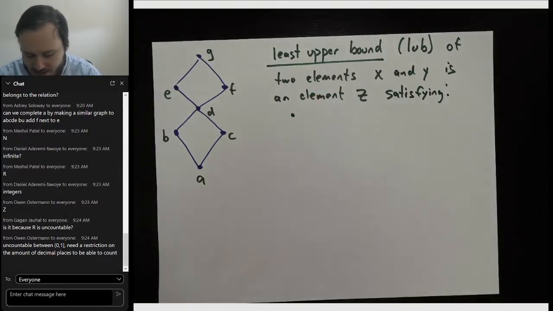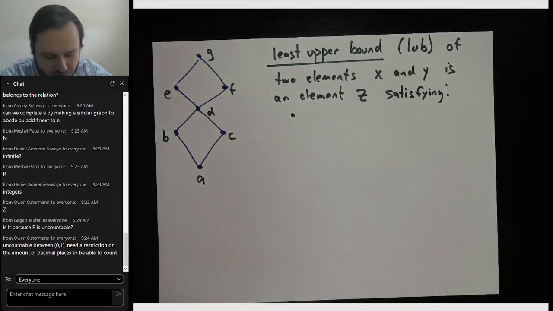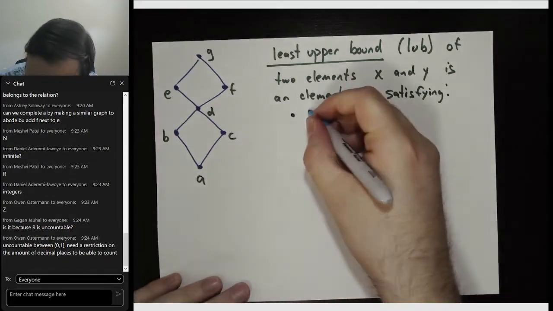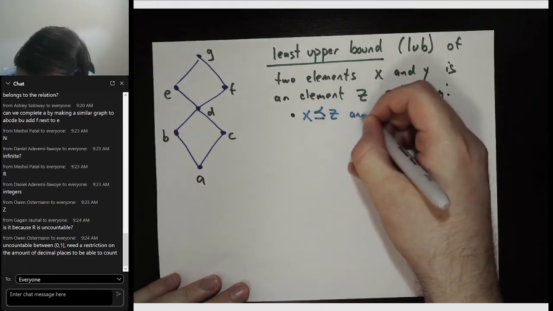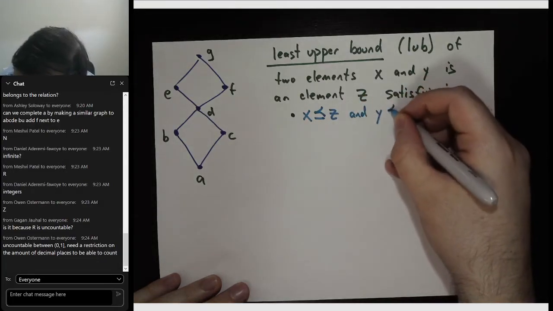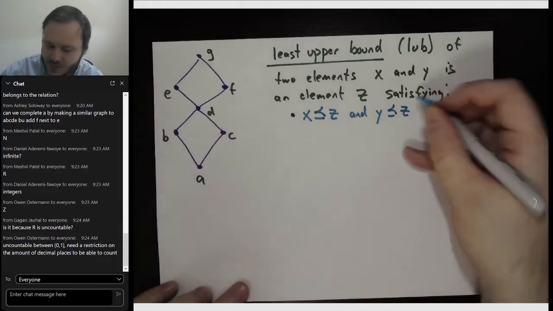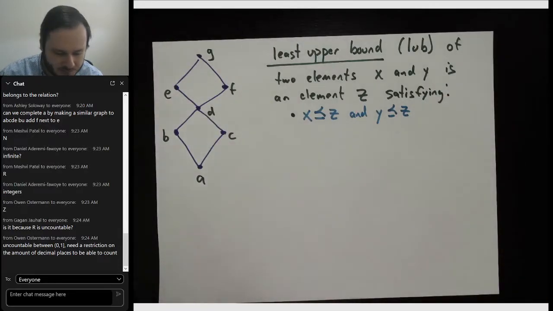Property 1, it has to be an upper bound. So X is curly less than or equal to Z, and Y is curly less than or equal to Z. That's what it means to be an upper bound.